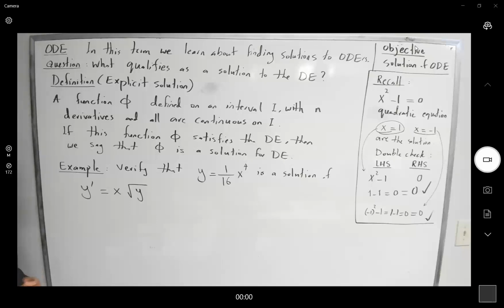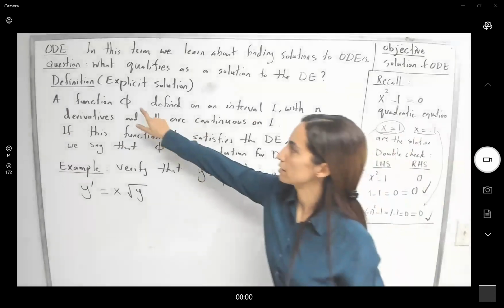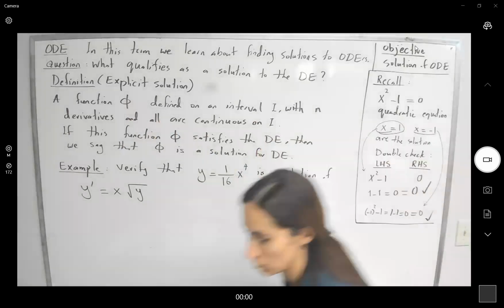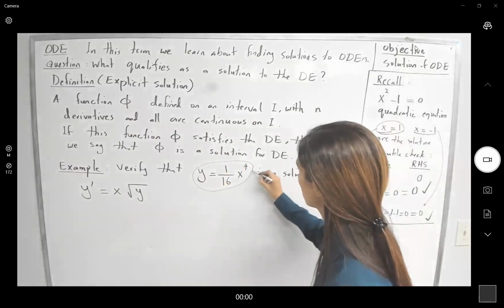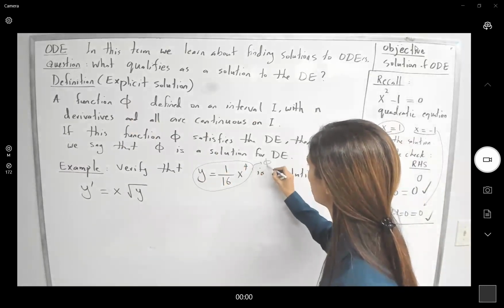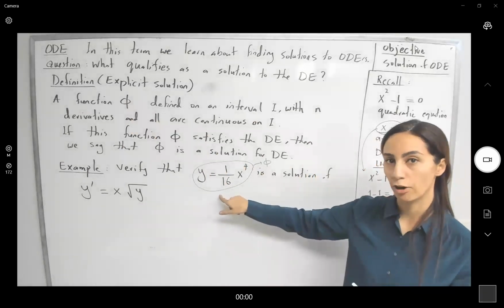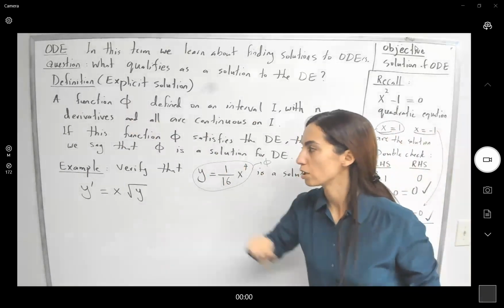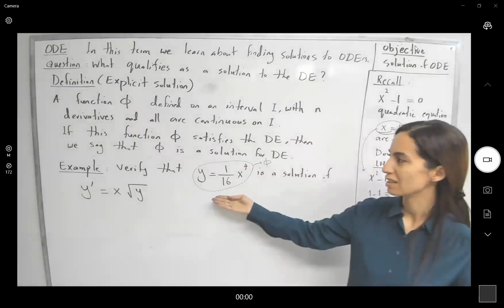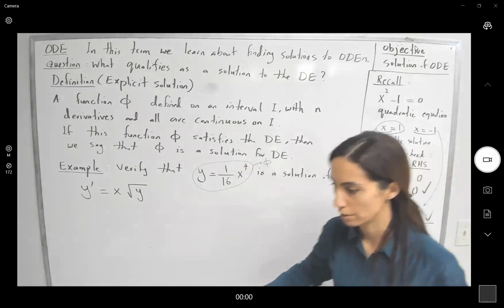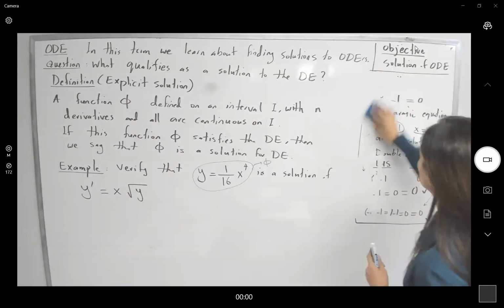Very good. So this guy is your phi. You want to check to see if this function is a solution of the differential equation or not. First of all, this guy is defined everywhere. All right. Let's write this down here.